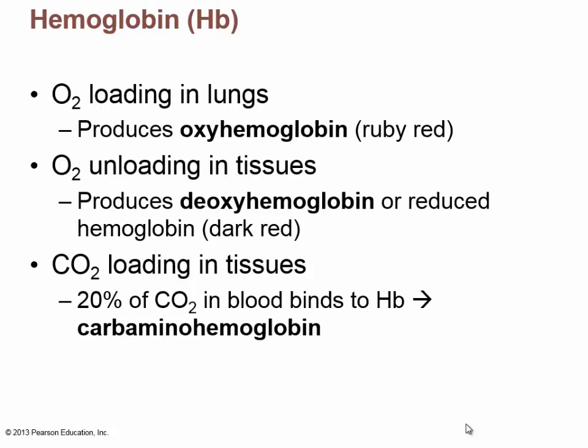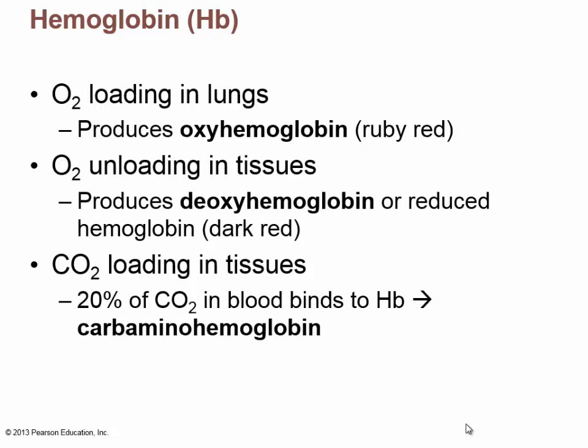What does DE mean? Removing. So when we drop off oxygen, we removed it, and so now we have deoxyhemoglobin. We also call it a reduced hemoglobin. This makes a darker red color: oxygenated is bright red, with lots of oxygen.